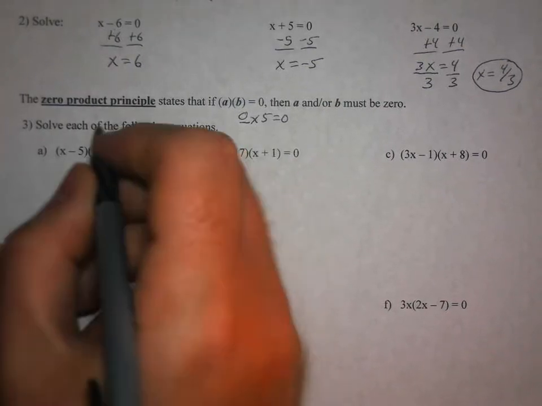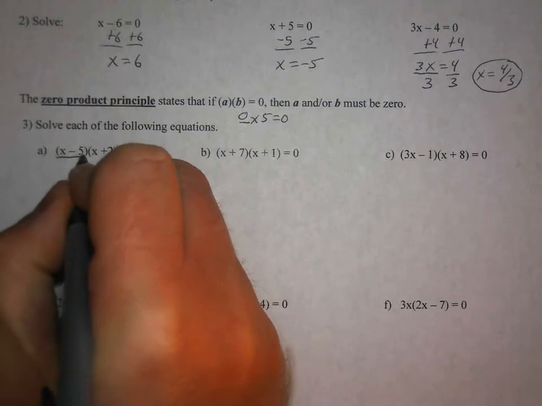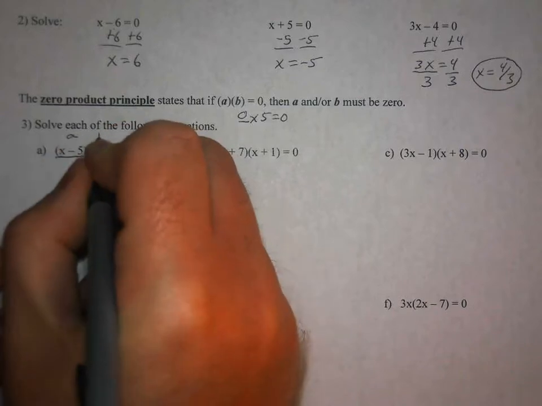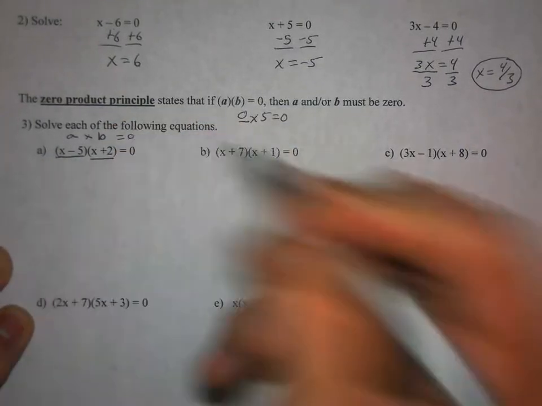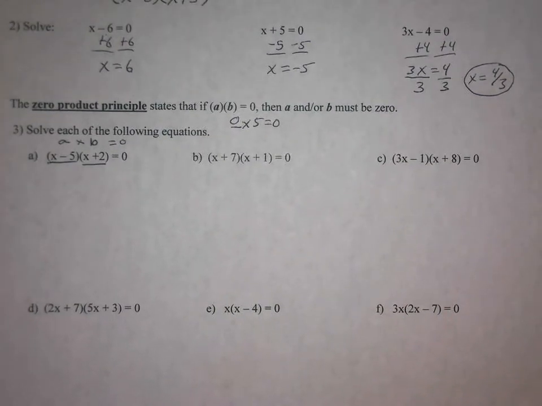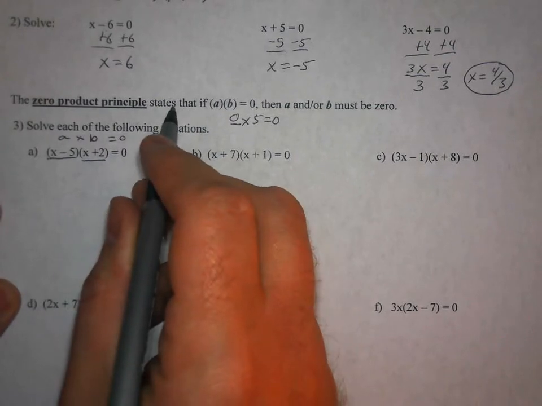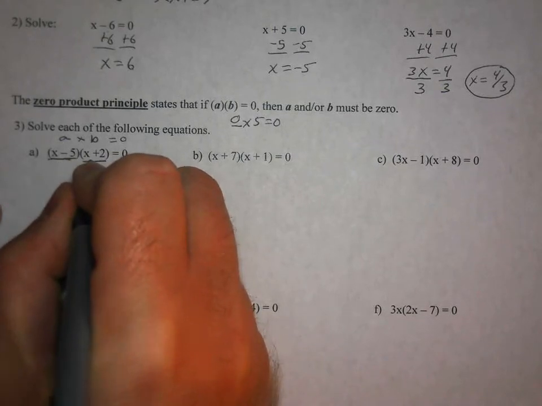So do we recognize that we're multiplying two things, x minus 5 and x plus 2? That's kind of like a times b equals 0. So we're multiplying two factors and getting 0 as an answer. So by the zero product principle, we know that one of those factors had to be 0.